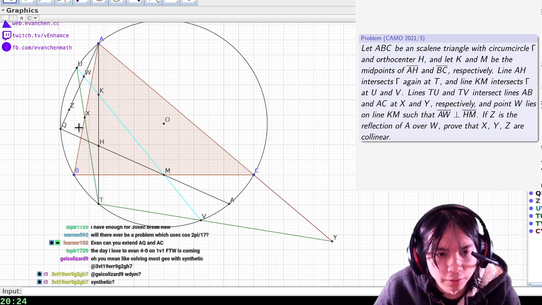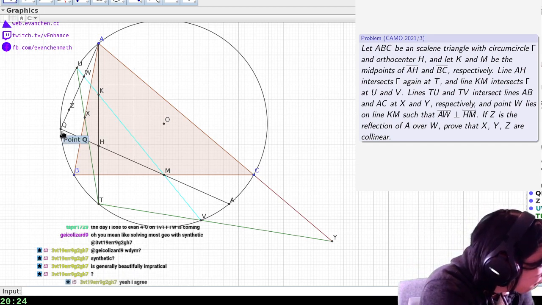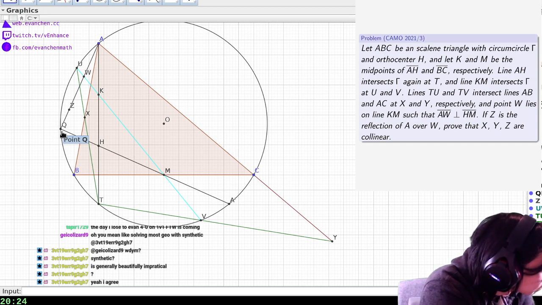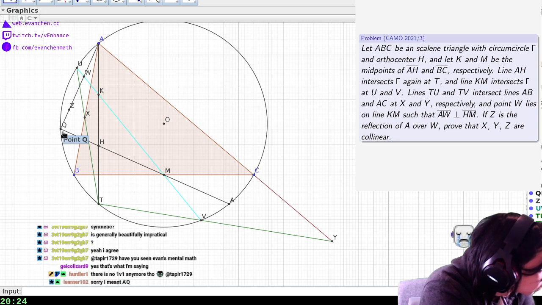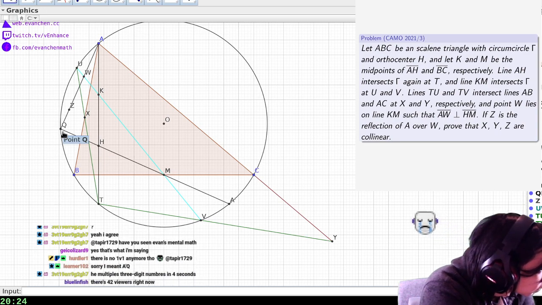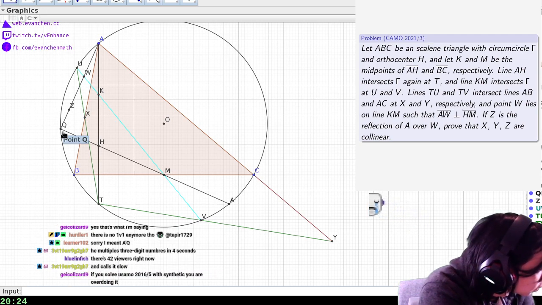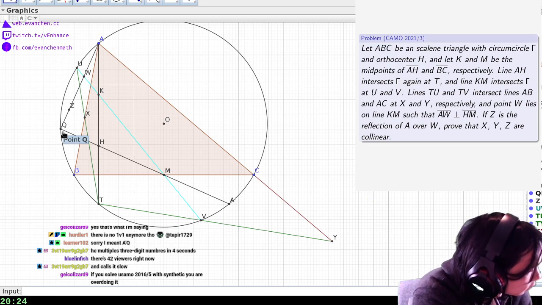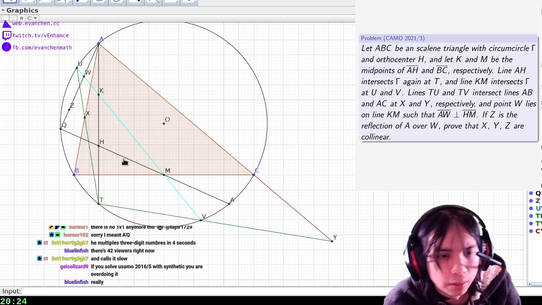Can you extend AQ and AC? To where? A prime Q.